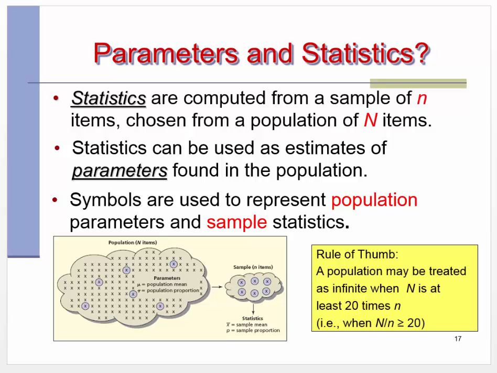We use Greek letters, mu for population mean, and pi for population proportion. For example, we use x bar for the mean of a sample, and p for proportion. A rule of thumb is a population may be treated as infinite when capital N is at least 20 times the lowercase n.